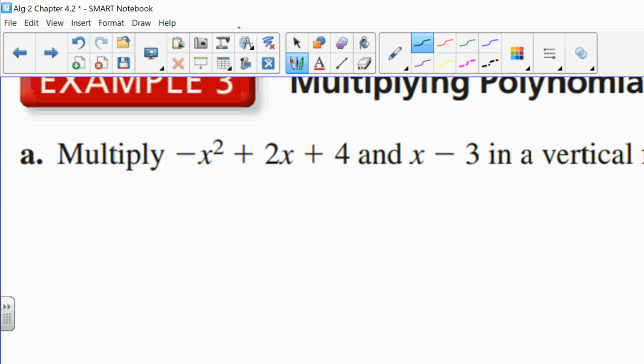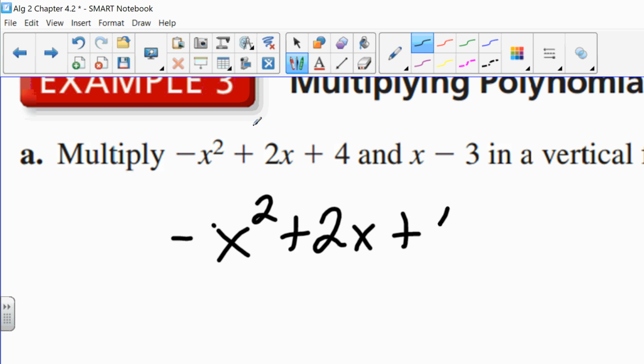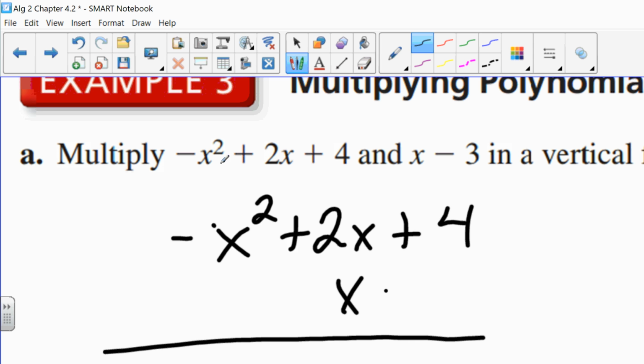We're going to do the exact same thing here if we're going to do this vertically. So we would start off with negative x squared plus 2x plus 4, and we're going to put it over x minus 3. We're going to be multiplying these together. So we'll start off with the negative 3 and multiply it through.